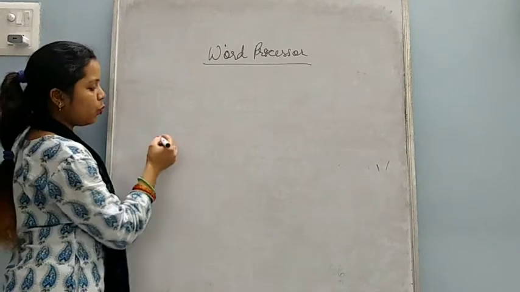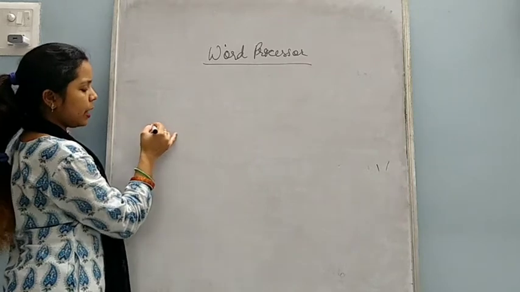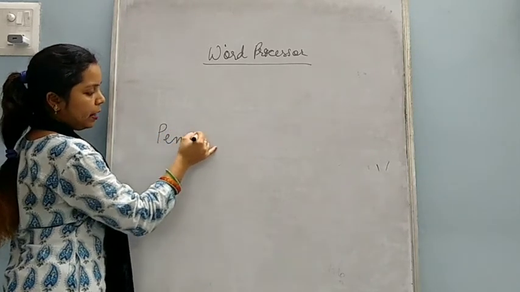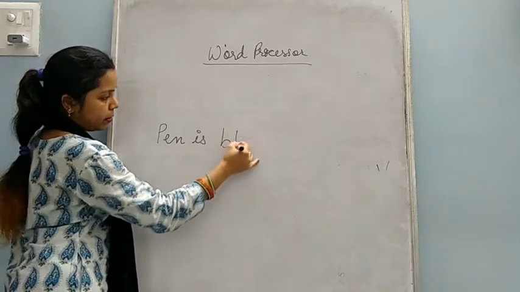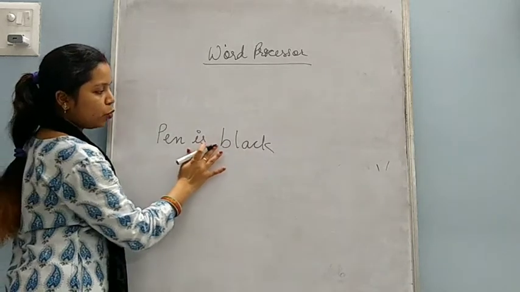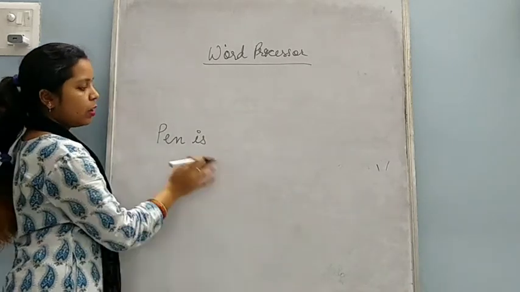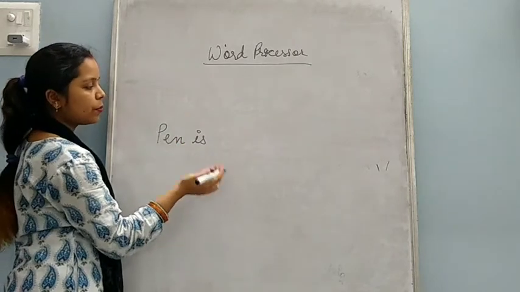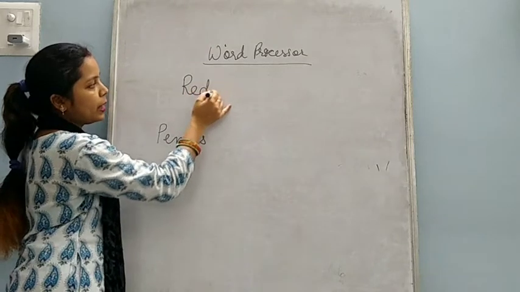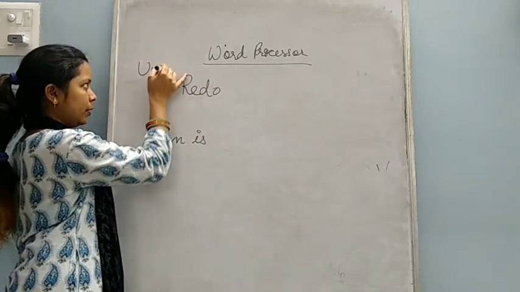Suppose I have written a word here. Any word I am writing here, like "pen is black." This is what I have written. Now I will delete the word "black." Okay, I have deleted the word black. Now there is the undo button and the next one is the redo button.